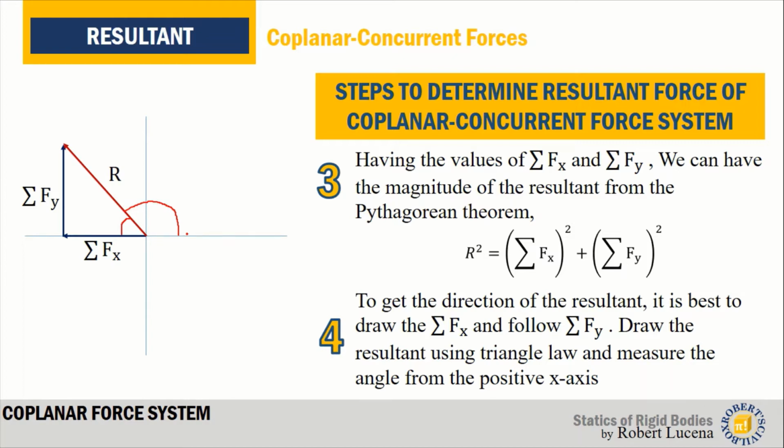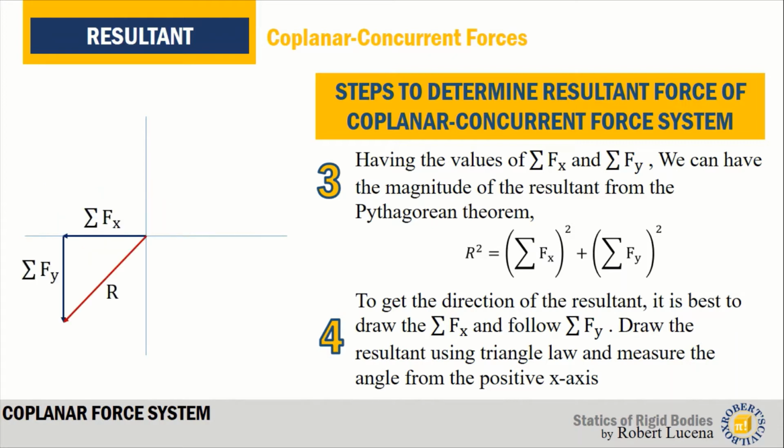Now for the standard, we have to measure the angle of the resultant vector from the positive x-axis. Now what if you have negative answers for both sigma fx and sigma fy? The same, you simply draw it in the proper direction, then identify the angle, then make sure you measure it from the positive x-axis.